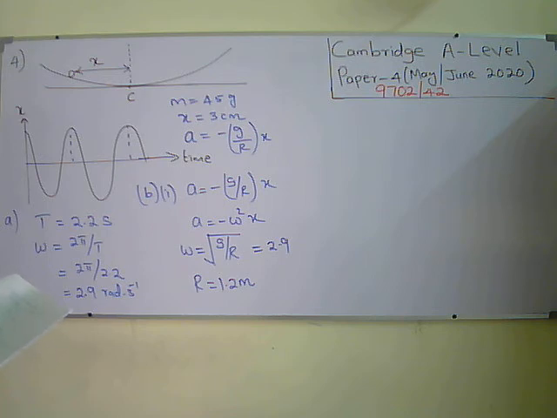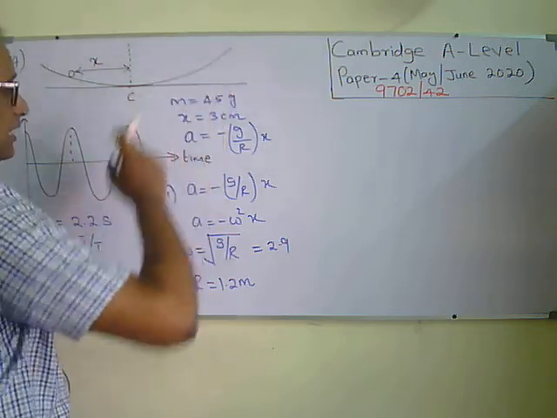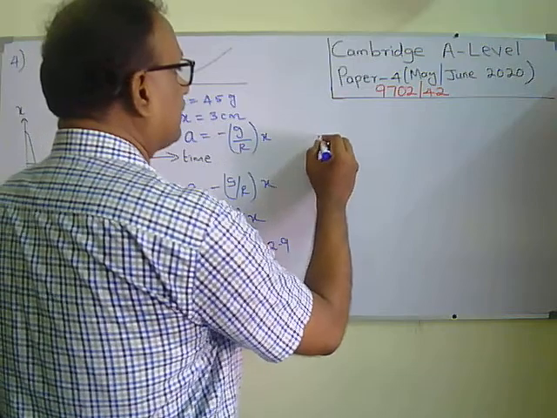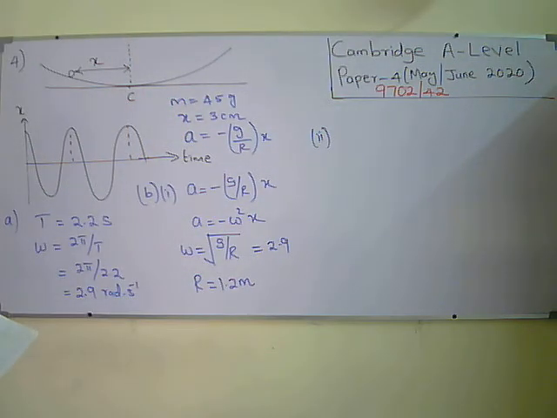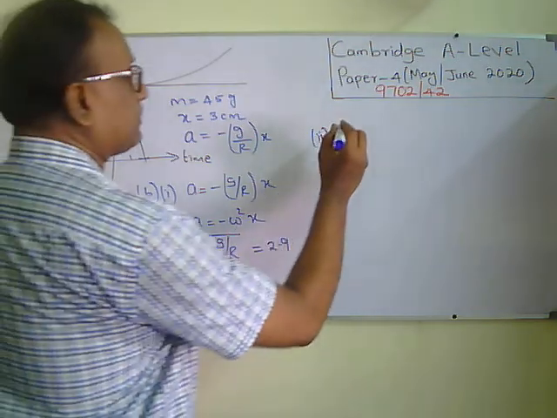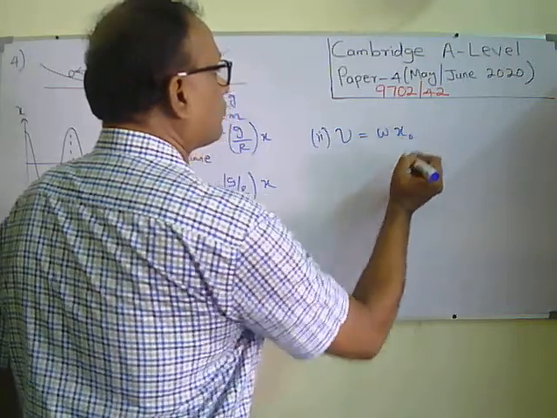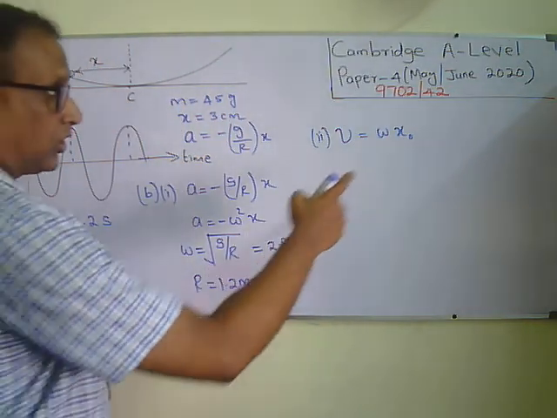Calculate the speed of the ball as it passes over the center C of the dish. The center C of the dish is the equilibrium position of this oscillation, so that will be the maximum speed. We know that speed at C is going to be omega x naught, the maximum speed. x naught is the amplitude.